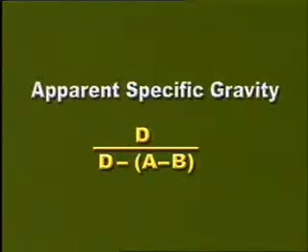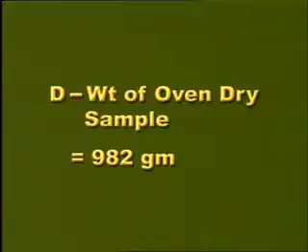Apparent specific gravity of coarse aggregates can be calculated by using the formula D divided by D minus A minus B. D is the weight of oven dry sample, which is 982 grams in this case.